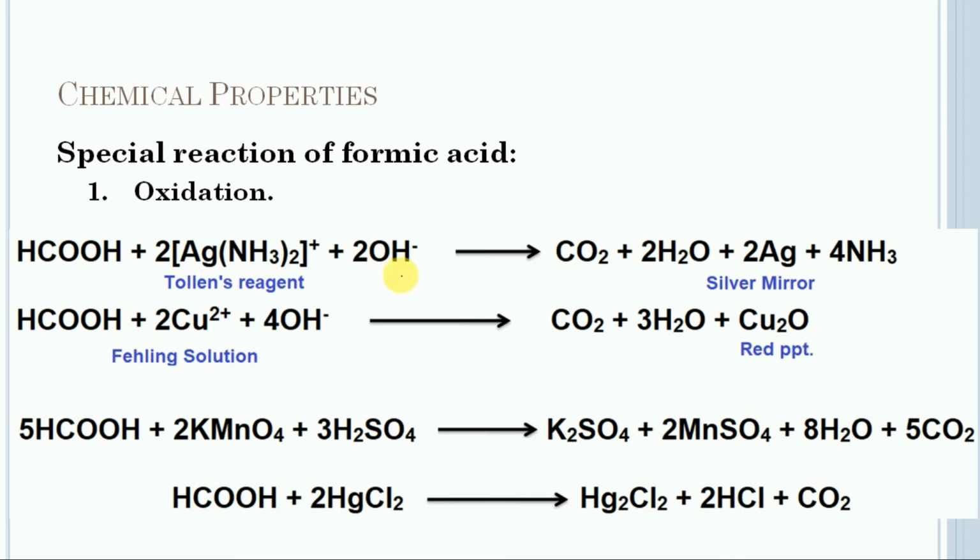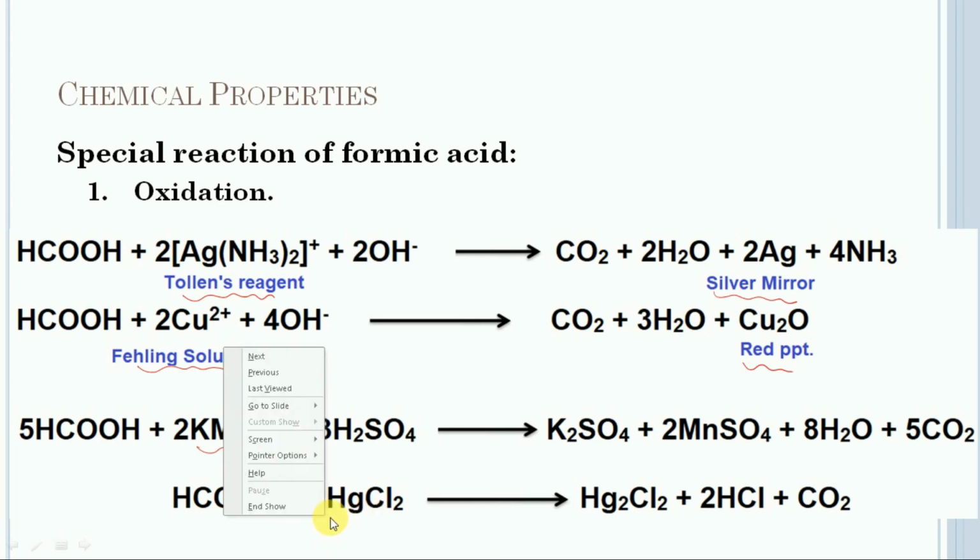Therefore, it reduces Tollens reagent to form the silver mirror and Fehling solution to form a red precipitate due to the formation of cuprous oxide. Formic acid also reduces acidified potassium permanganate, acidified potassium dichromate and mercuric chloride. So that is the oxidation.